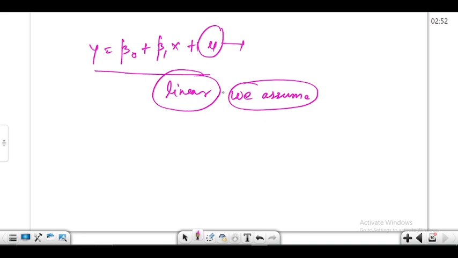So before that, let me just explain a few other things that are relevant for the simple regression model. So this is y, this is x. So y is called the dependent variable. This is the independent variable.